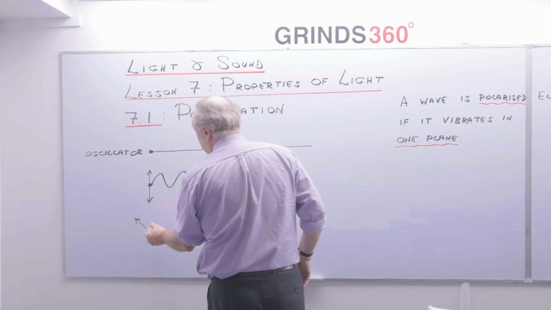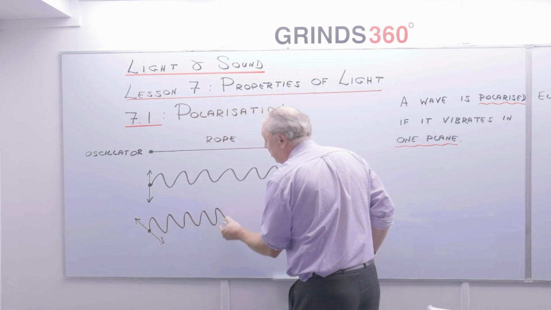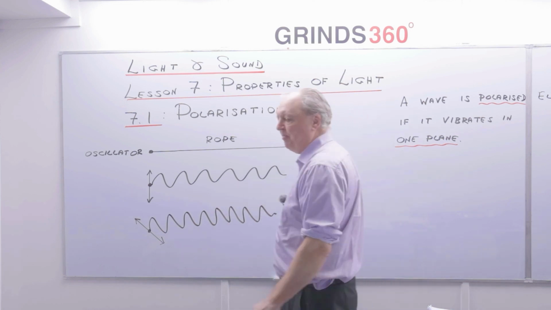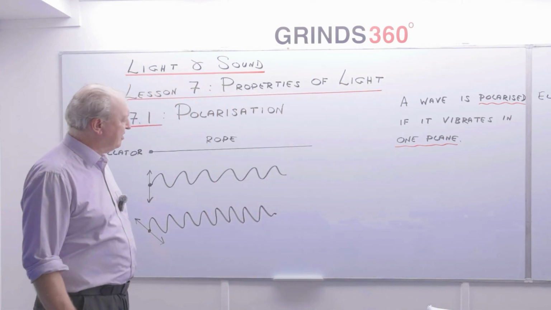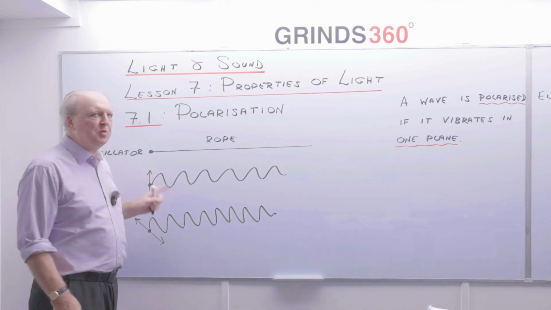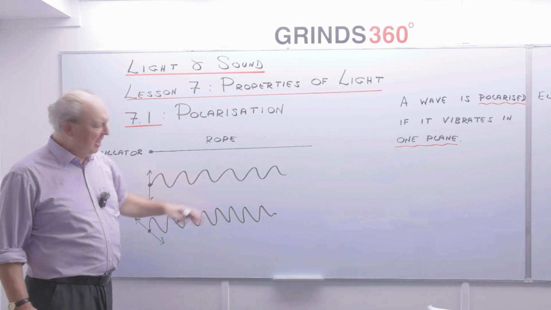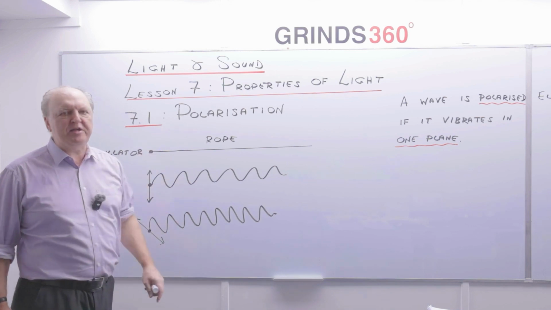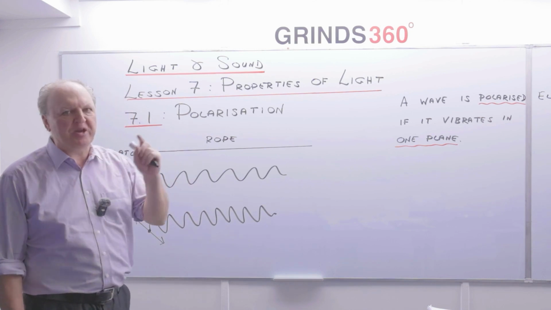What kind of wave will I get? Maybe some wave going out to the side like this, a little bit hard to draw on the board. But this wave is going out perpendicular to the board. That would be a horizontally polarized wave. So depending on which way your hand moves, you will generate a wave along that particular plane, and it's called a polarized wave because it's just vibrating in one plane and one plane only.